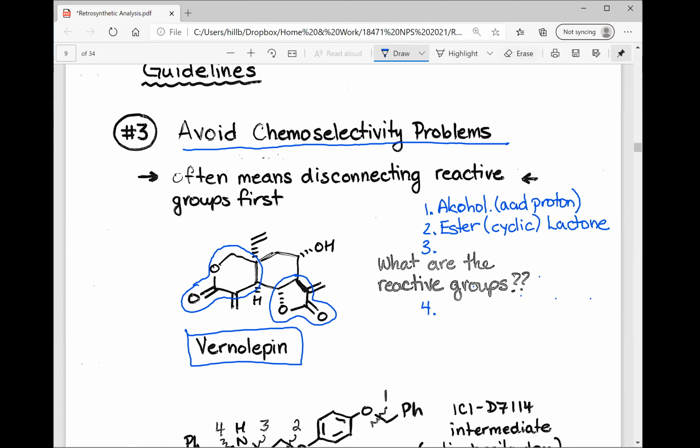It's conceivable that the 5-membered ring ester might be slightly more reactive than the 6-membered ring one, but that's probably a stretch. So we've got an ester. How are esters reactive? We have to worry about strong nucleophiles.